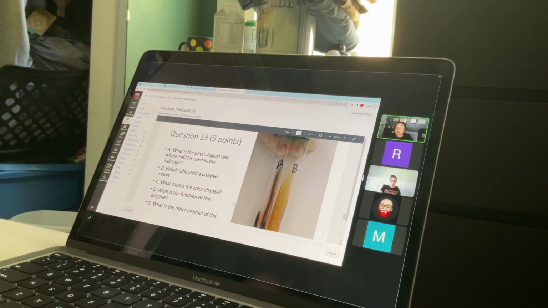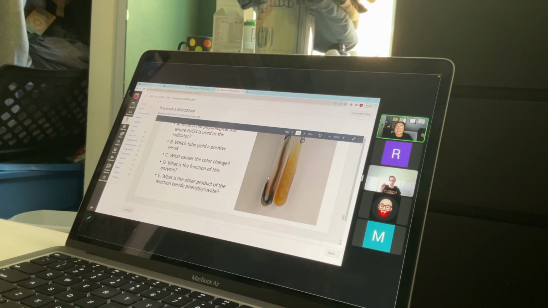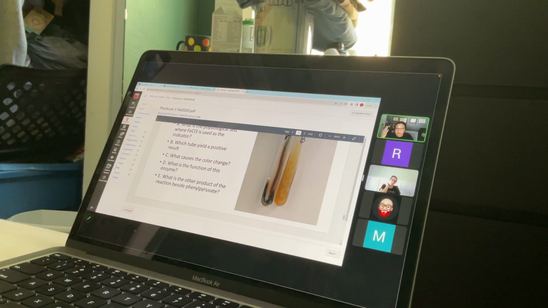Because I'm going to keep scrolling along because the time is 11:41. Okay, so this question you have two slants. Okay, one slant has a greenish color to it. We did this, right? You add ferric chloride to it, and it turned green. That tube is positive for deaminase, the enzyme deaminase.